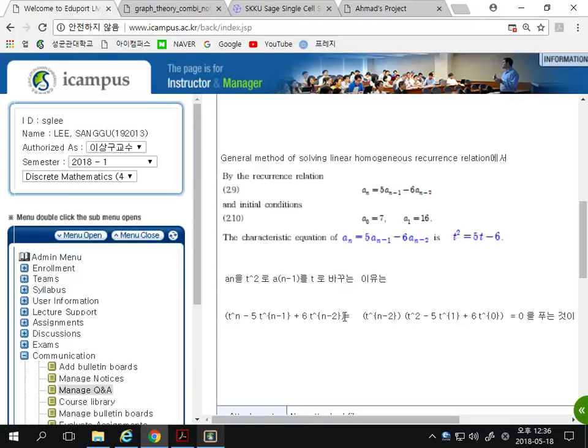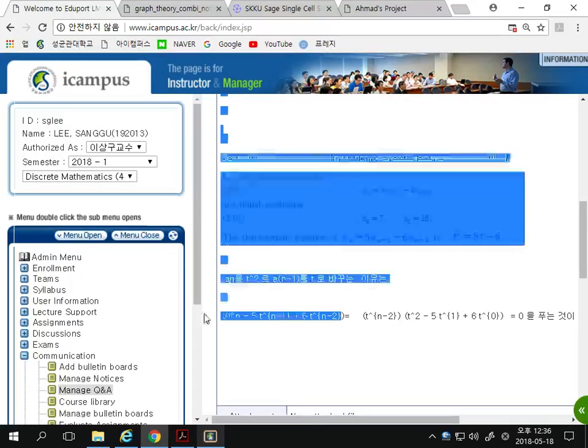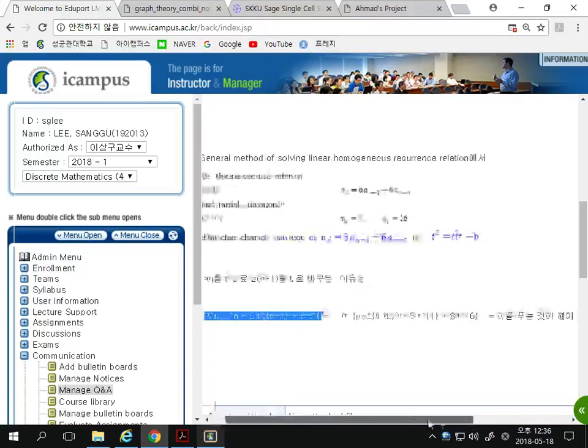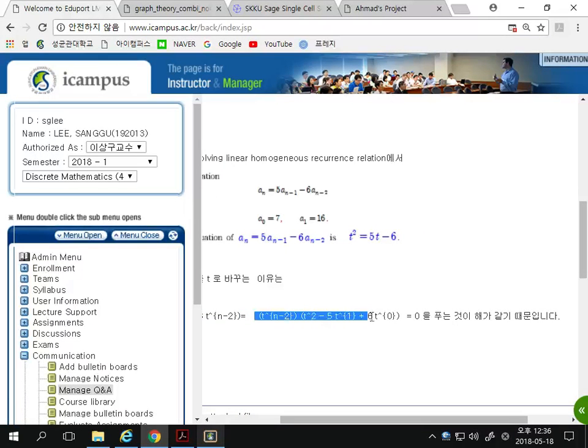Okay. So solution. This characteristic equation can be written in this way. The solution for this is t equal to 0 with a multiple root, and we have a quadratic equation of degree 2 here.